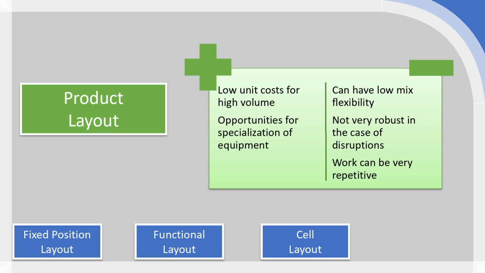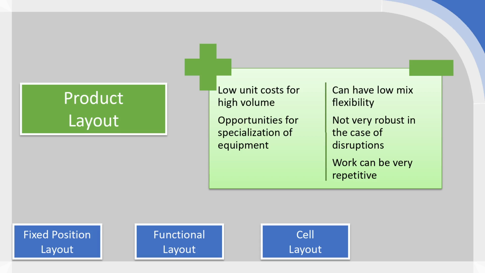However, we do have challenges and drawbacks as well. Despite the high volume, our ability to introduce variety in the process is very low. Because everything is so specialized, it cannot be easily engineered to produce different varieties of output. It tends to be a single variety of output.